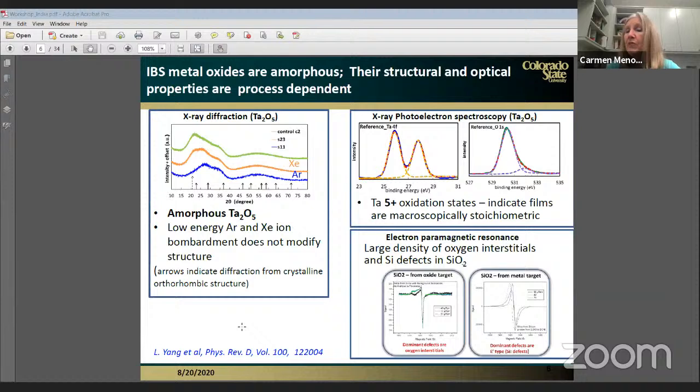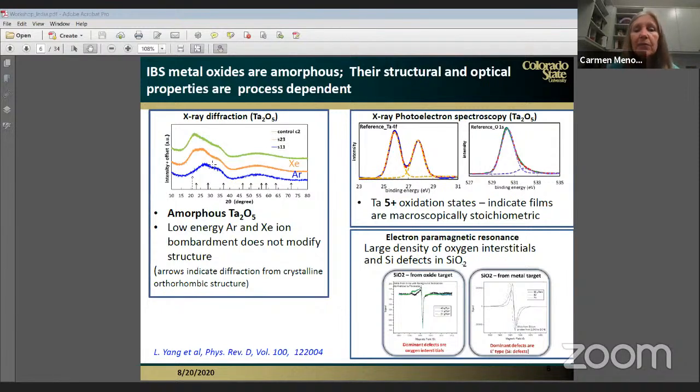Now we do a lot of characterization. So here is where the materials aspect comes into place. The students that work in my group need to know how to grow materials, but they need to know how to characterize them. So we use different tools. We use X-ray diffraction to learn whether our materials are amorphous or they have any signs of crystallization.